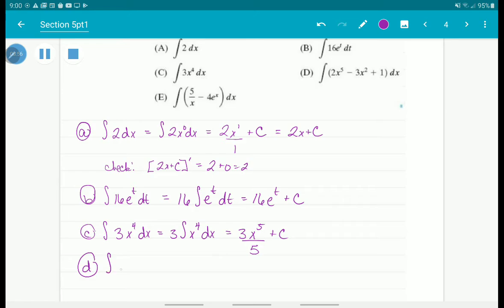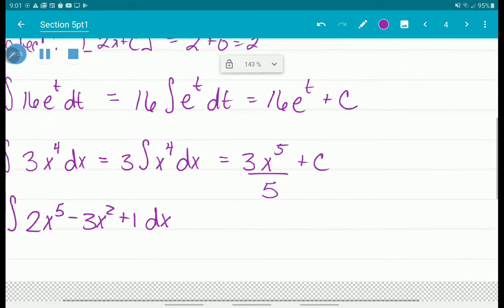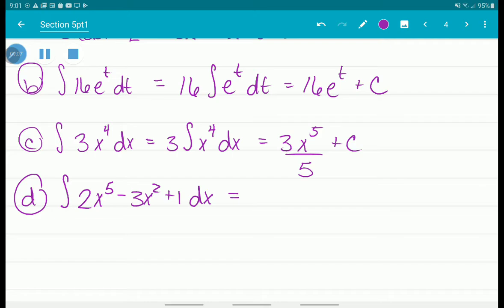D, we want to integrate 2x to the fifth minus 3x squared plus 1 dx. We could think about integrating each piece.